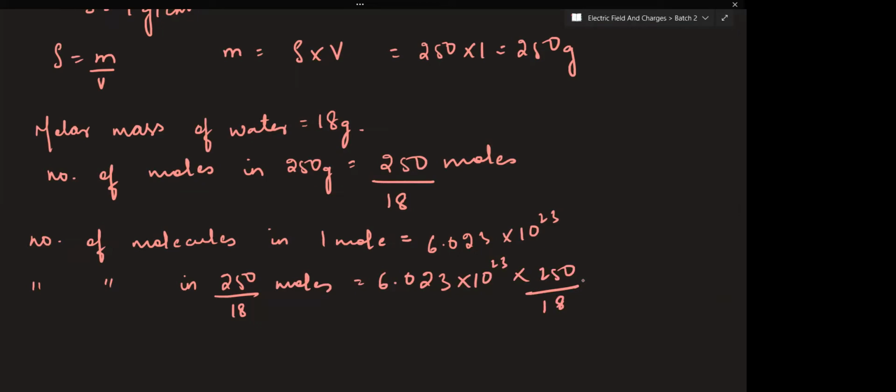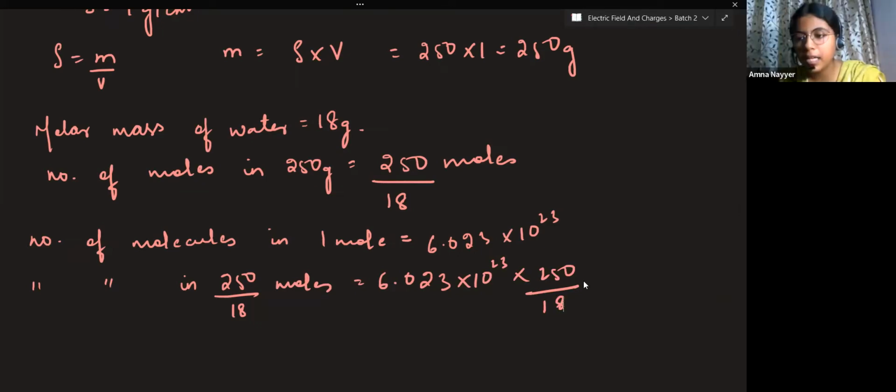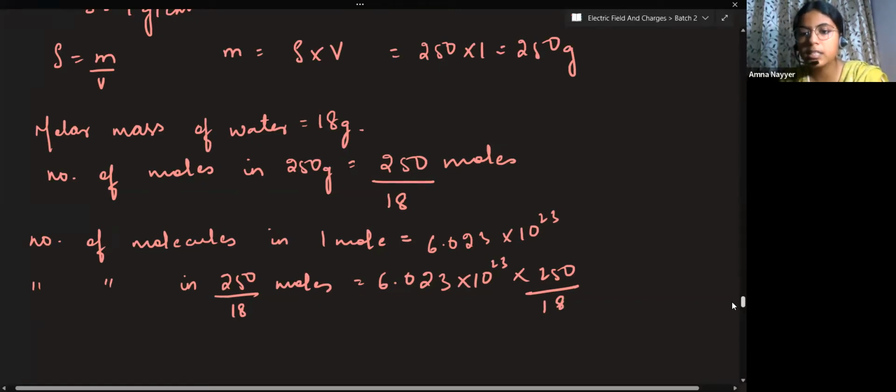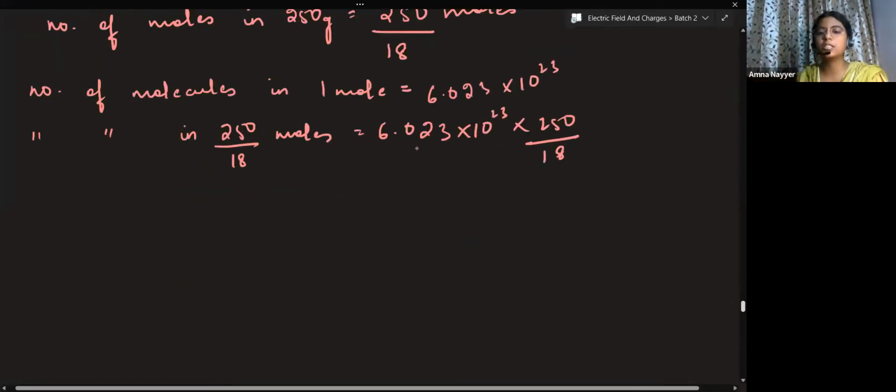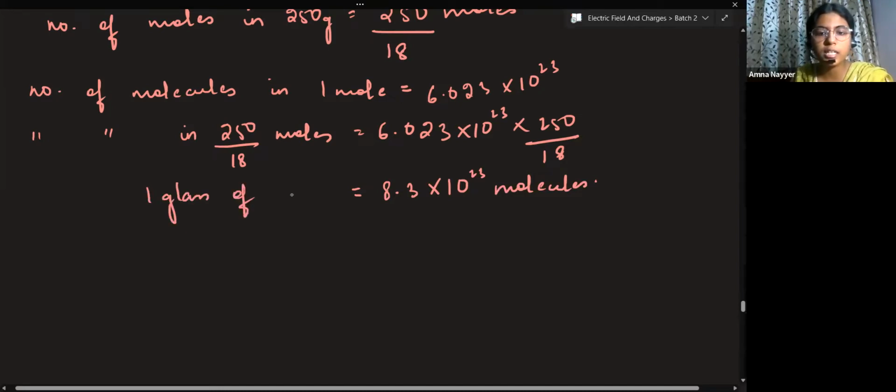Yes, ma'am. Okay. See, when you multiply this, I remember this answer, so I'm writing it down. After the class, you can try. You will get 8.3 into 10 to the power 23 molecules. So see, 1 glass of water has 8.3 into 10 to the power 23 molecules.